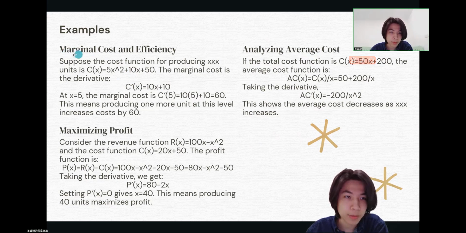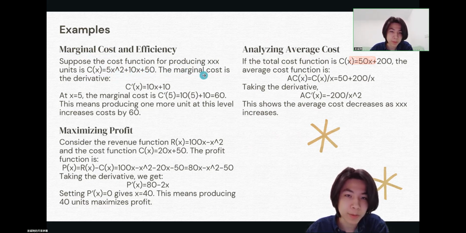First example is marginal cost and efficiency. Suppose the cost function for producing x units is C of x equals 5 times x squared plus 10 times x plus 50.